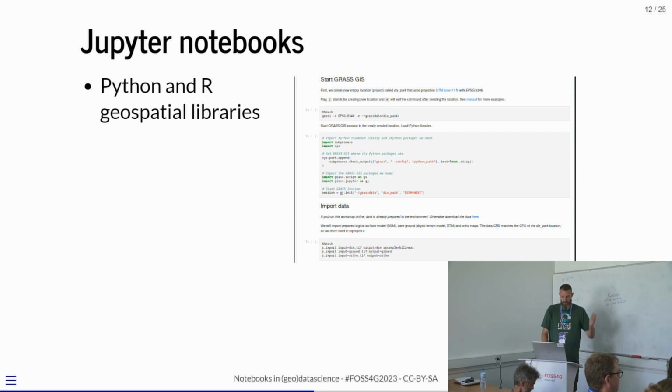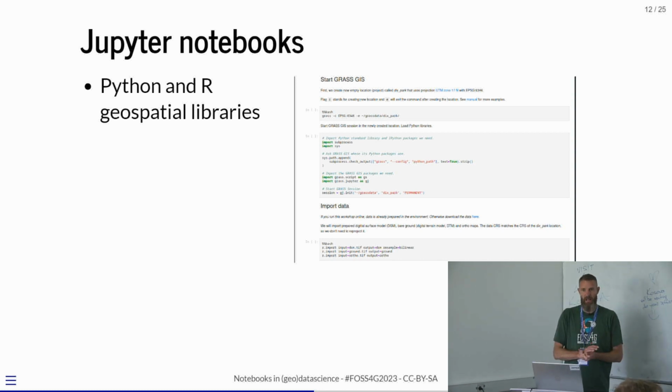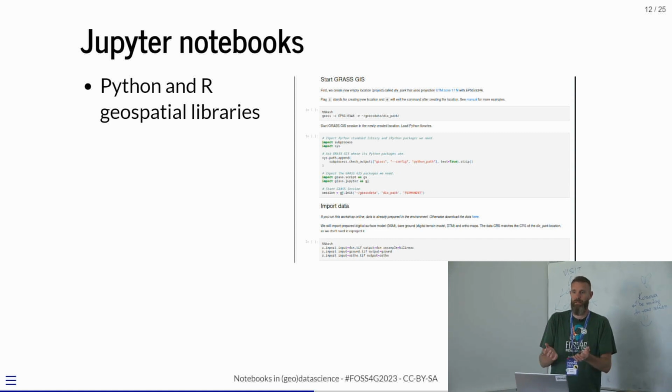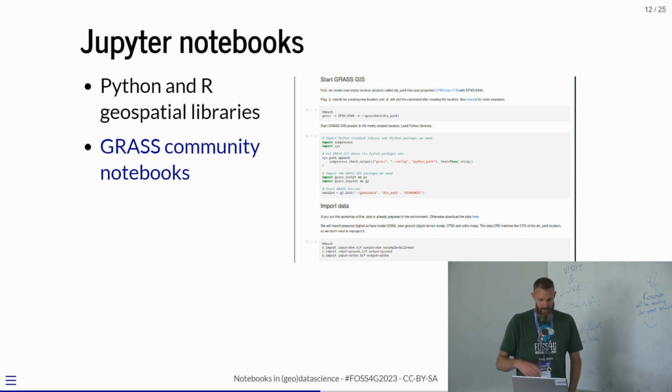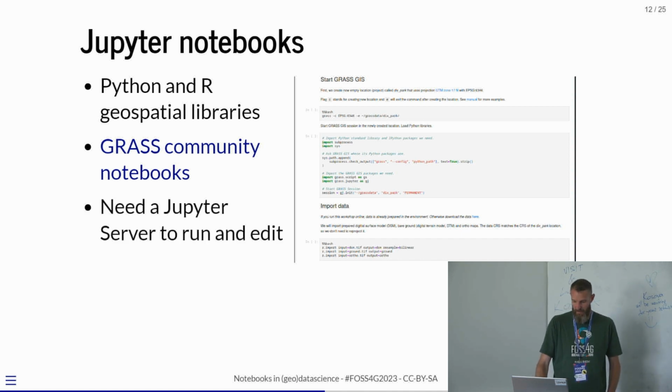So you can access Python or other geospatial libraries. The notebook itself doesn't provide any geospatial insight; it's provided by the language you use. The GRASS community has created several notebooks in Jupyter, so you might want to have a look at them.